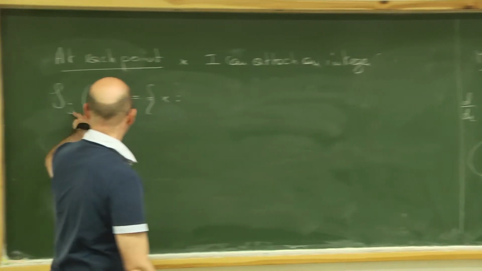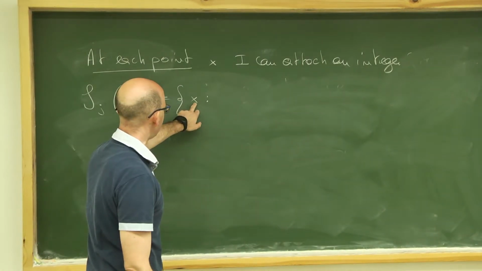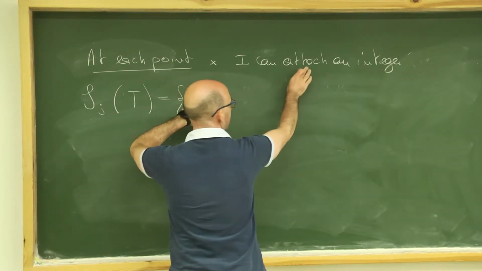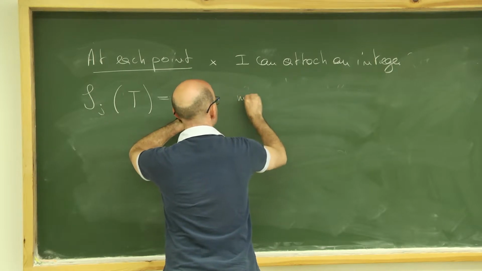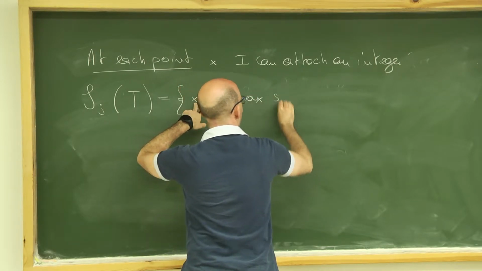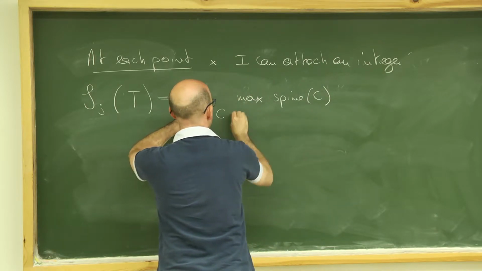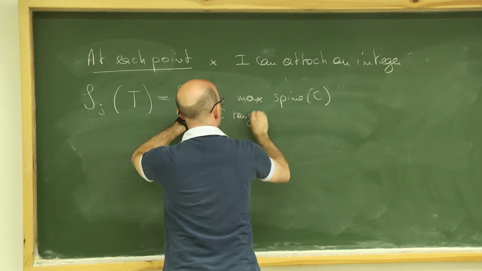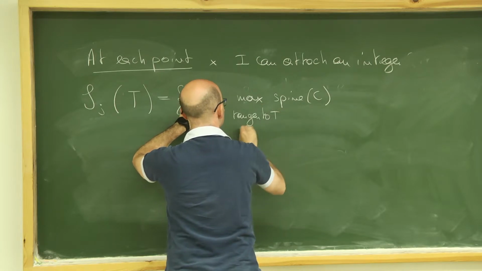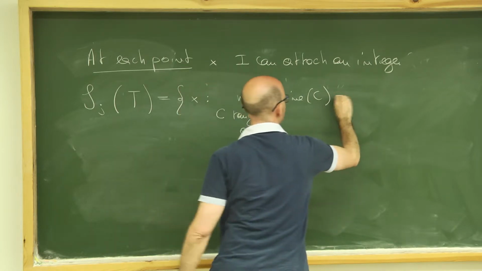So the stratum j is the points x such that this integer, which is the maximal dimension of the spine of C among all C tangent to T at x, is equal to j.